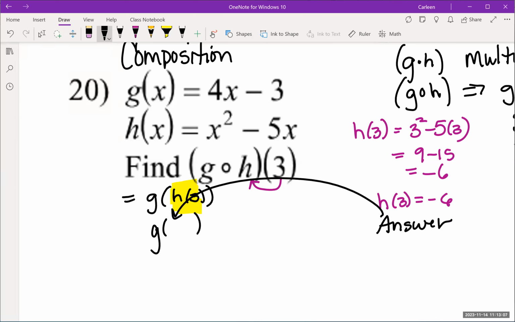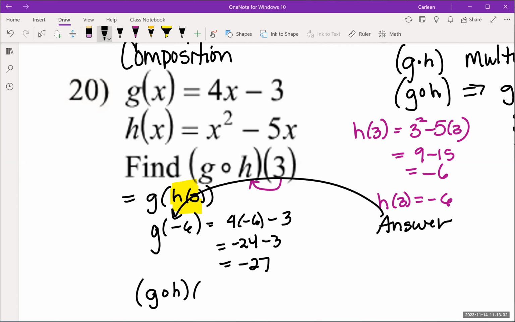So G of -6 is 4 times -6 minus 3, which is -24 minus 3, which is -27. So G of H of 3 is -27. So I do H of 3, I get an answer, I plug that into G.